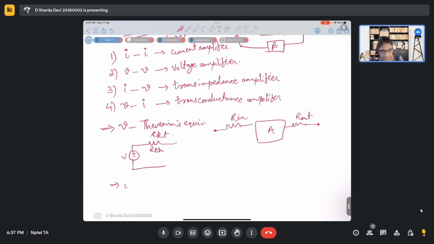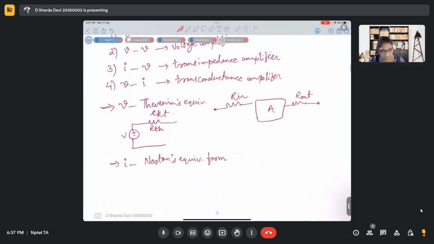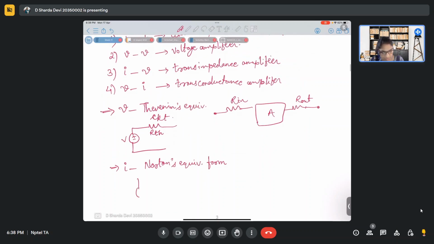And if we have current, then we always use the Norton's equivalent form, which means your current source will have its source resistance in parallel to the source. This is a convention that is always used for voltage and current.